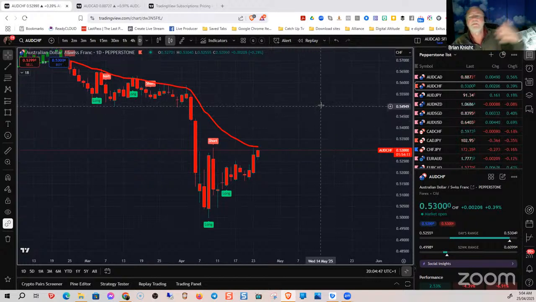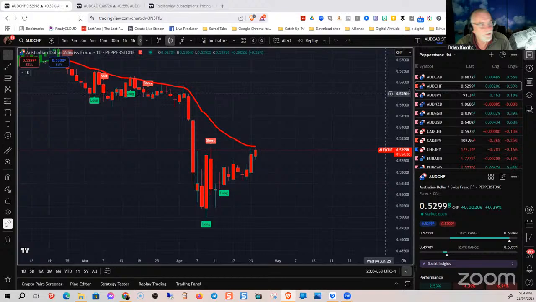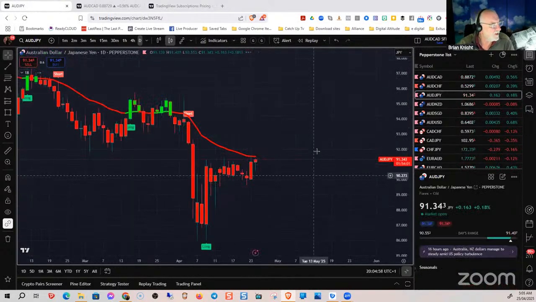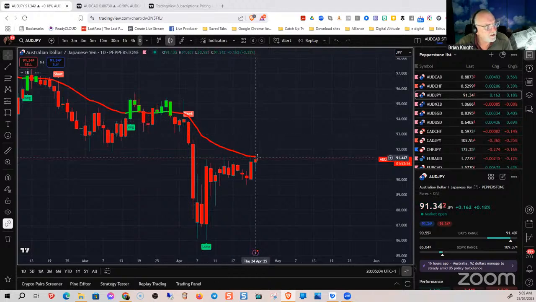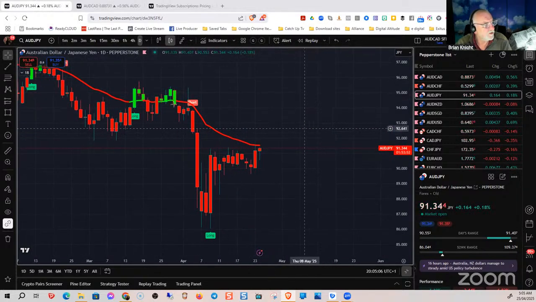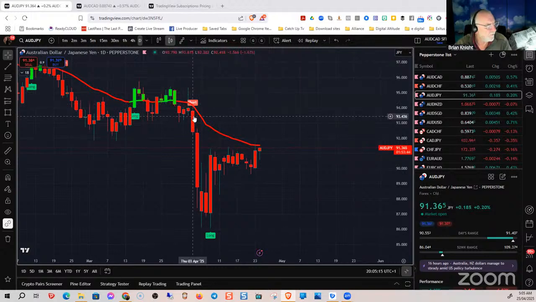That's on a Saturday, so I can imagine what will happen at the start of the trading week on Monday. AUD JPY same, it's just coming up to touch the trend bar and do its little thing. Tom probably had some buy out of that. That's all fine. If we had been in on the 3rd of April, it would have been all of this.